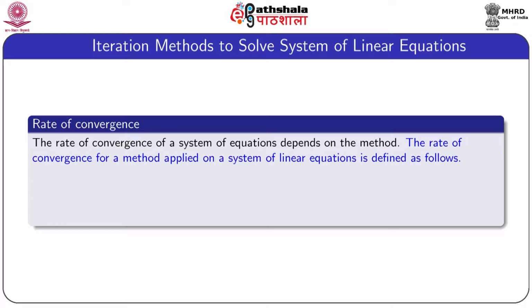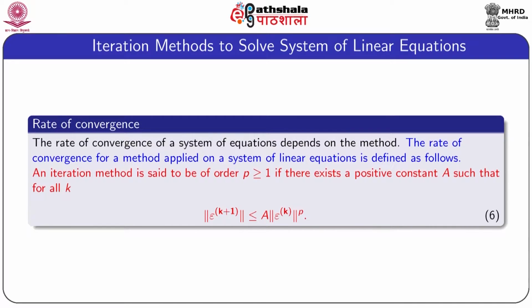Now, we define a very important parameter which is associated with any iteration method, called the rate of convergence. The rate of convergence of a system of equations depends on the method which is applied to solve this particular system. That is defined in the following way.